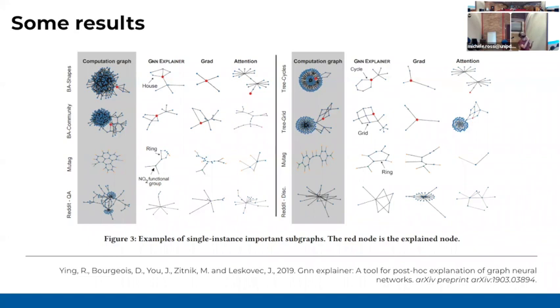This is a slightly more sophisticated saliency map, and this was GNN explainer, and in general, results tended to be a little bit better and a little bit more readable. And you see here, for example, you actually have the circle, here you have the actual grid, the ring of carbon atoms. How much better? Every paper will tell you a different story, but generally better than the saliency maps.